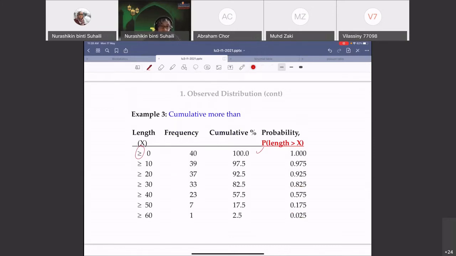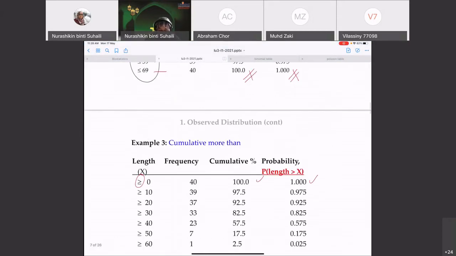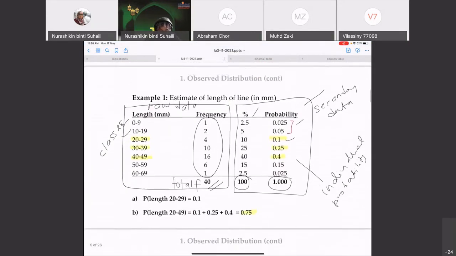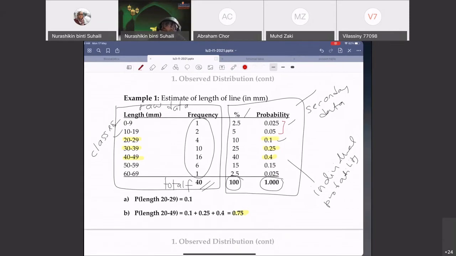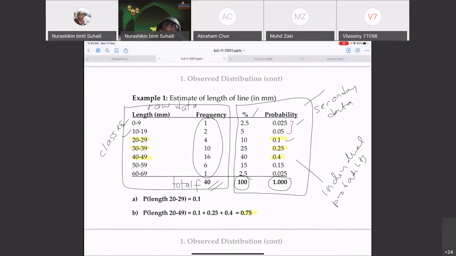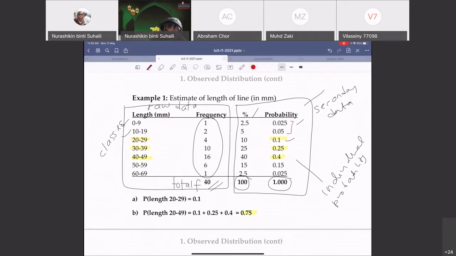So this one should be 1. And then more than 10. If you want to refer to the original data, more than zero is everything, so it means everything. I hope you can follow what I'm saying here.